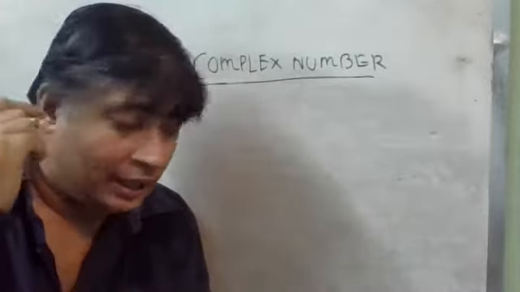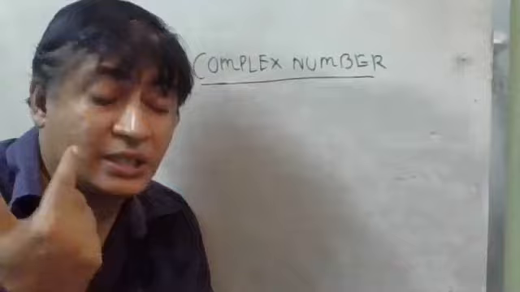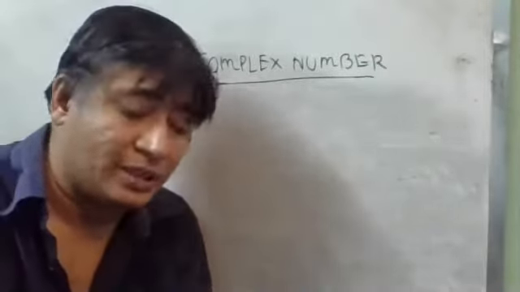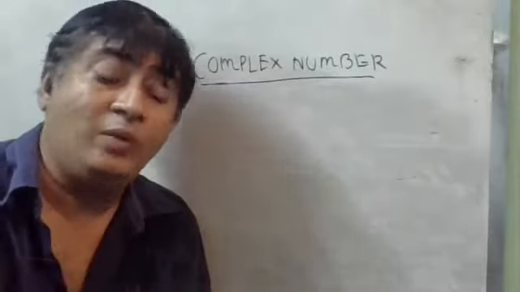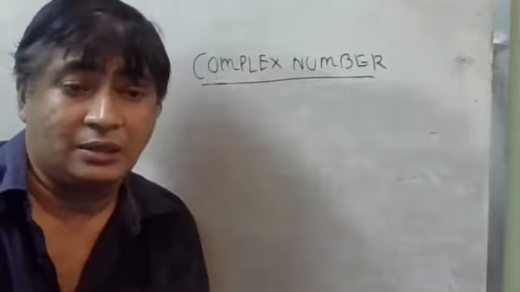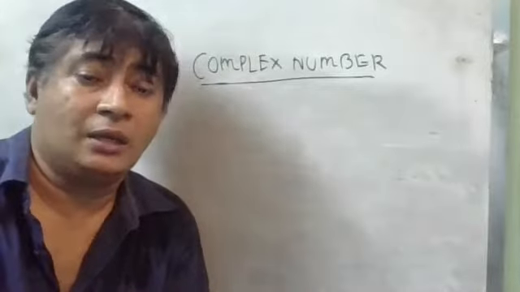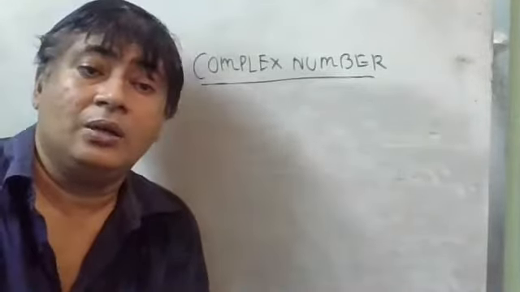But in complex numbers, we are getting some extra privilege. We can add 2 points, we can subtract one point from the other, we can multiply 2 points, and we can divide one by the other. So all these four operations hold in complex numbers.